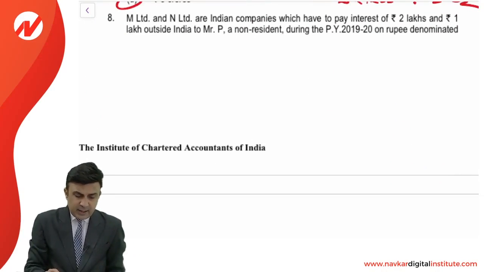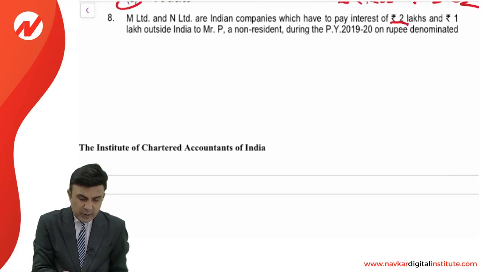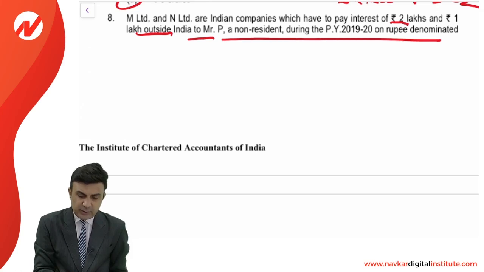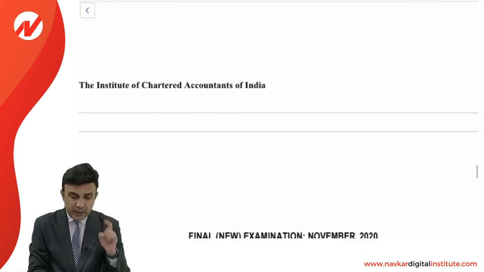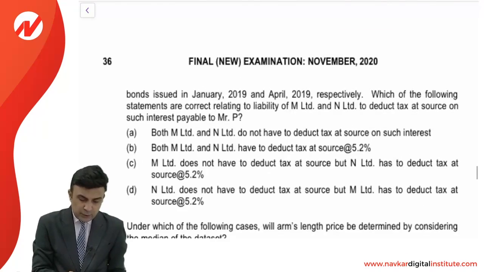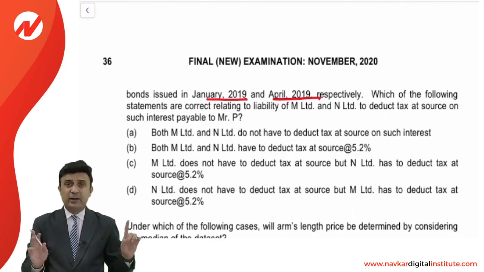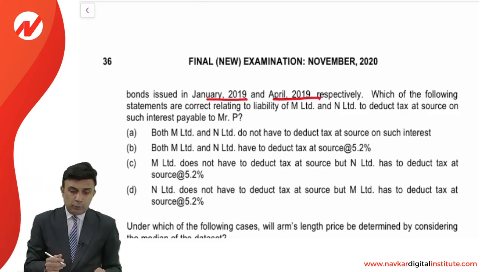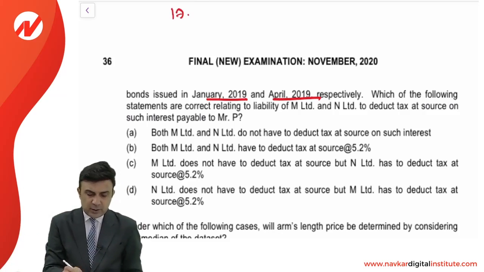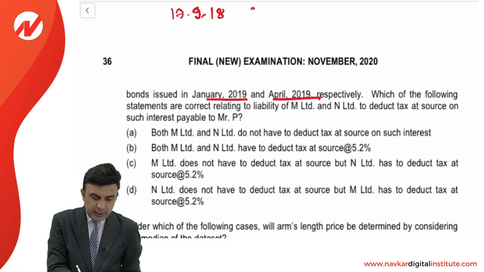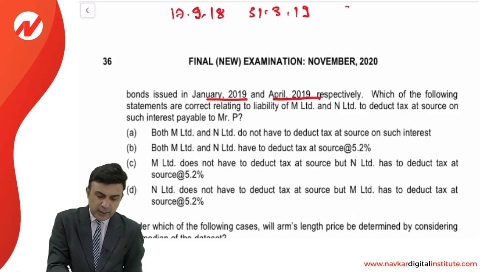We have the next simple one. M and N Limited are Indian companies which have to pay interest of 2 lakh and 1 lakh outside India to Mr. P, non-resident, during the year 2019-20 on rupee denominated bonds issued in January 19 and April 19. Which of the following statements are correct? Friends, mind well, if the rupee denominated bonds are issued between September 2018 to 31st March 2019, the interest in the hands of non-resident is exempt.